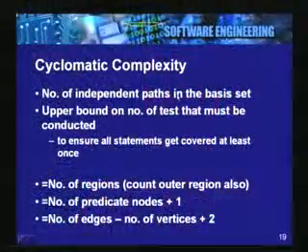We have to reduce the number of cases, but we should also make sure that all the statements get covered. So there is a measure called cyclomatic complexity, and that measure actually tells us how many paths we need to generate, so that our criteria is satisfied. Cyclomatic complexity gives the number of independent paths in the basis set.